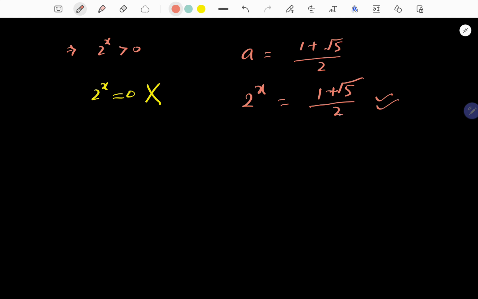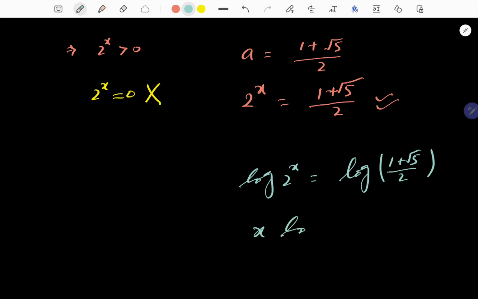You can write it up to here, or you can further solve it by taking log. log 2^x = log of (1 + square root of 5)/2, and here log 2.